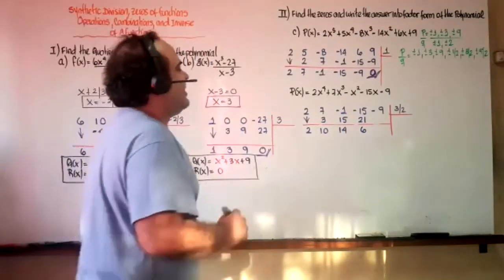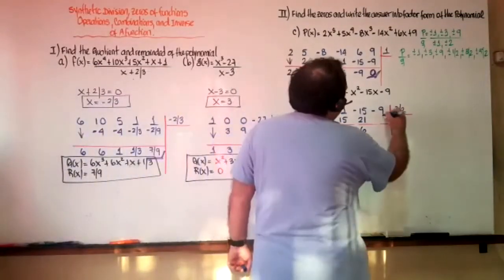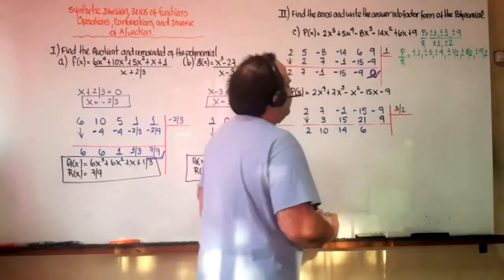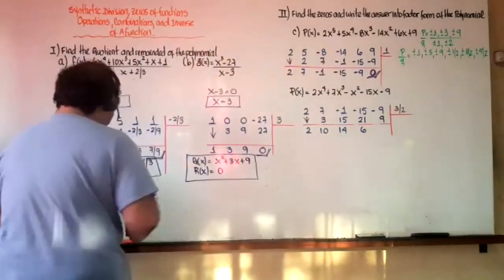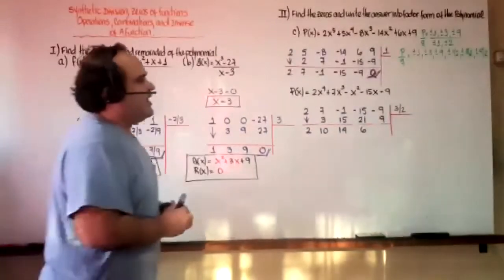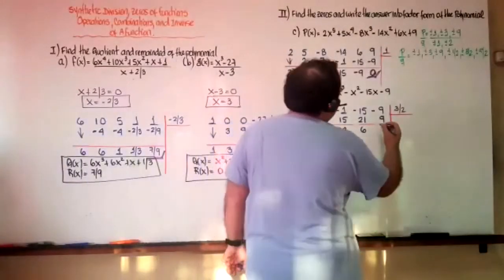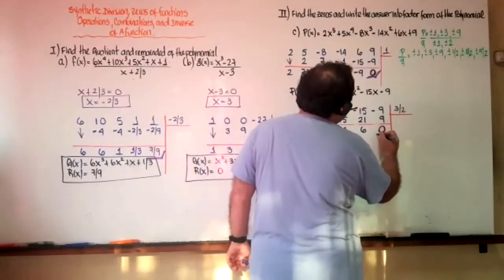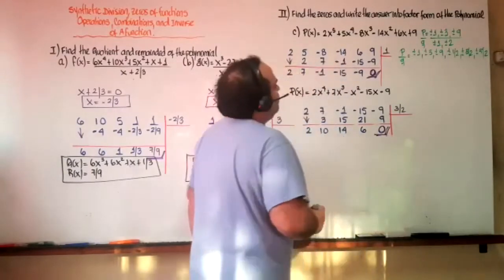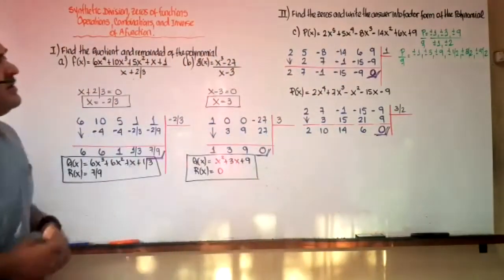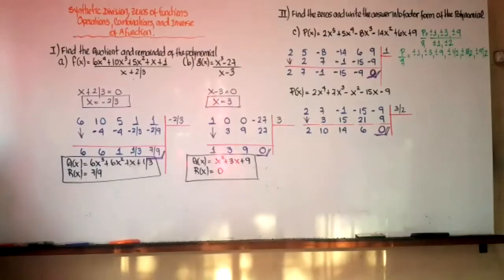Oh, positive 9. If you see, it seems I'm lucky today. Negative 9 plus 9, that will be 0. What does that mean? That means the value 3/2 is also a zero of the function.